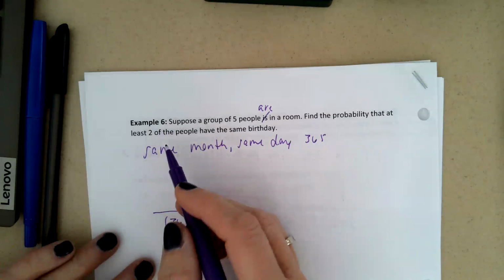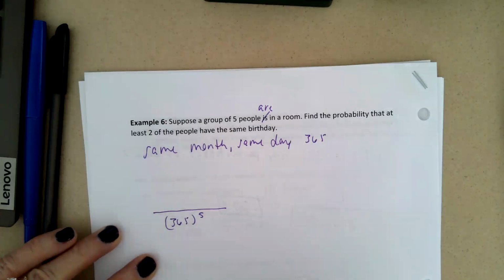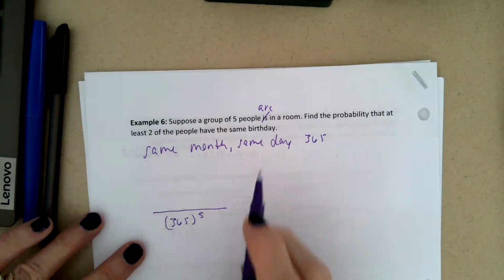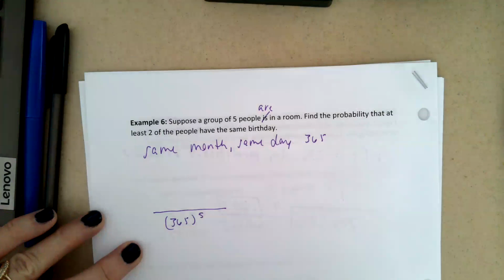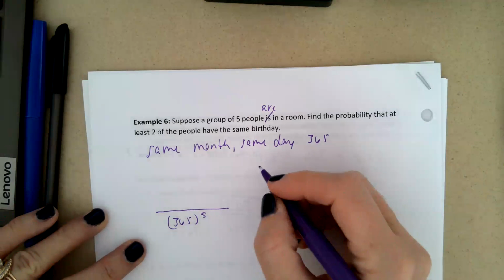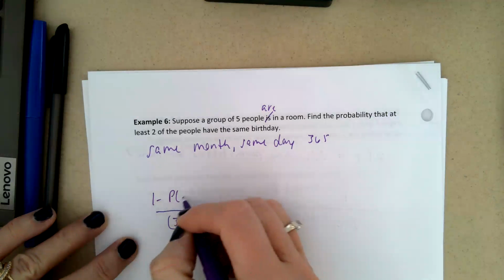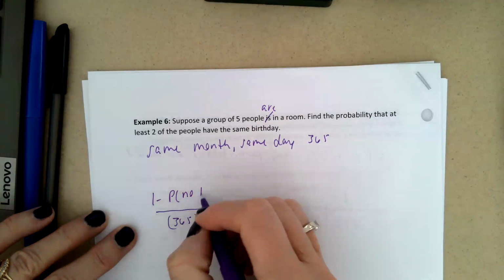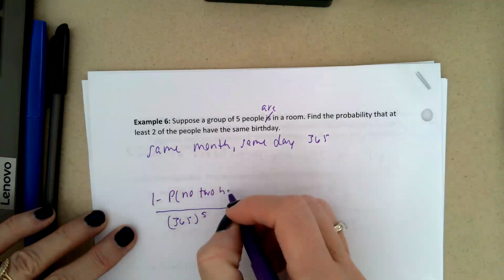Okay. So because it's at least 2, we can say it's the at least one rule. So we can do the probability that none of them have the same. So 1 minus the probability that no 2 have the same.